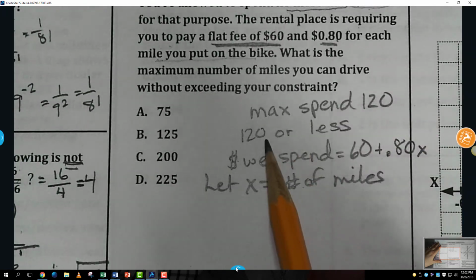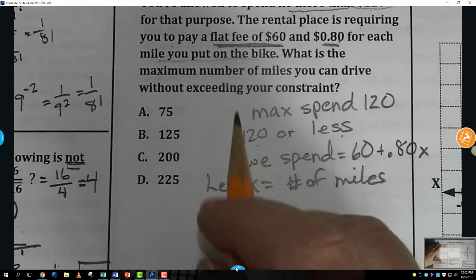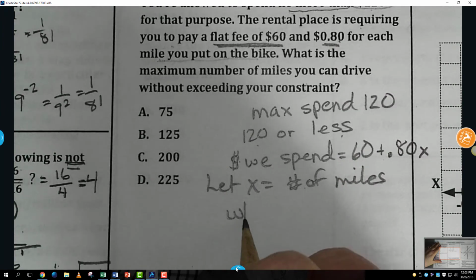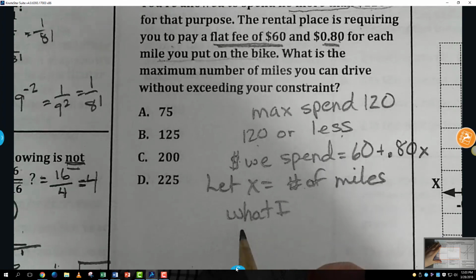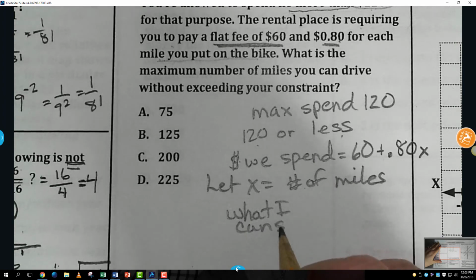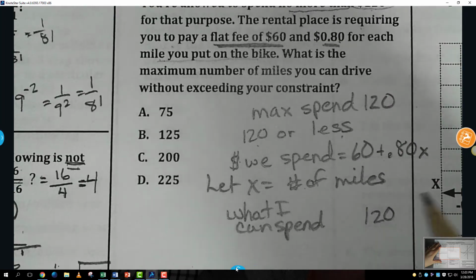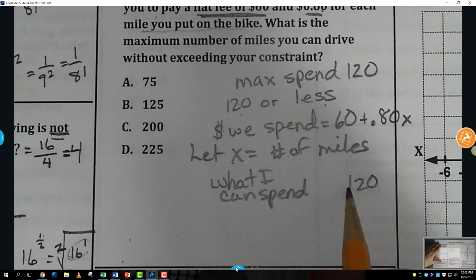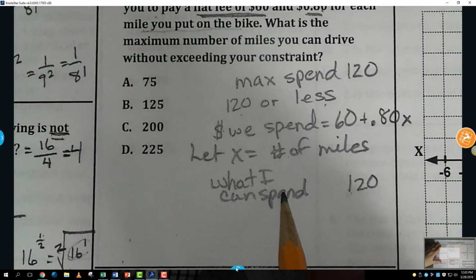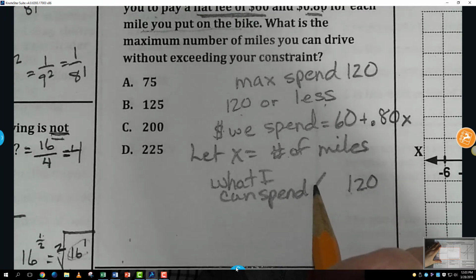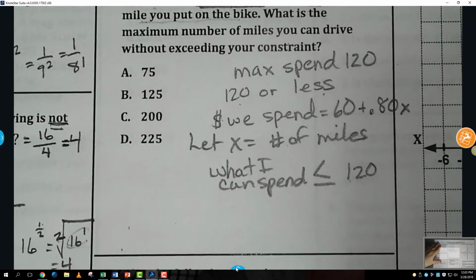Okay, so I can spend $120 or less. So what I can spend versus how much I have, right? This has got to be smaller than this. It can also be equal. So really this is an inequality.